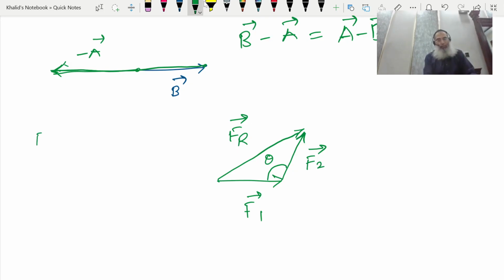FR, the length, I'm talking about length. What's the length of this vector? That is equal to F1 squared, the length of this vector, plus the length of this vector, F2 squared, plus 2 F1 F2 cos theta, the cosine of the angle between the two sides.